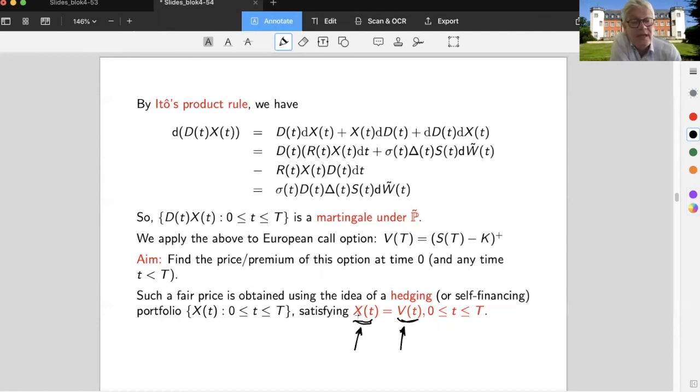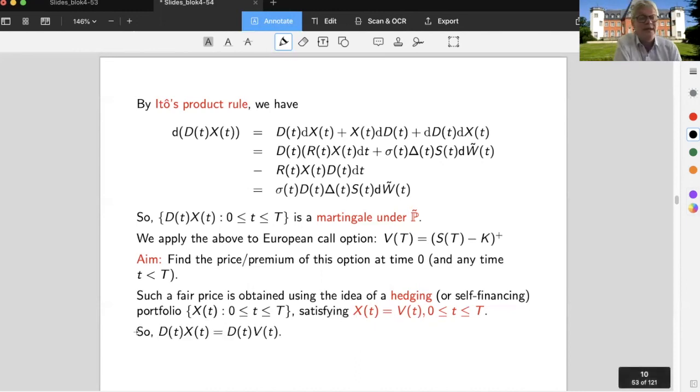And not only should these two values be the same, but particularly the discounted values should be the same, right? We can multiply left and right hand side by the discount process capital D(t). So at any time, the discounted portfolio process should be equal to the discounted option value.